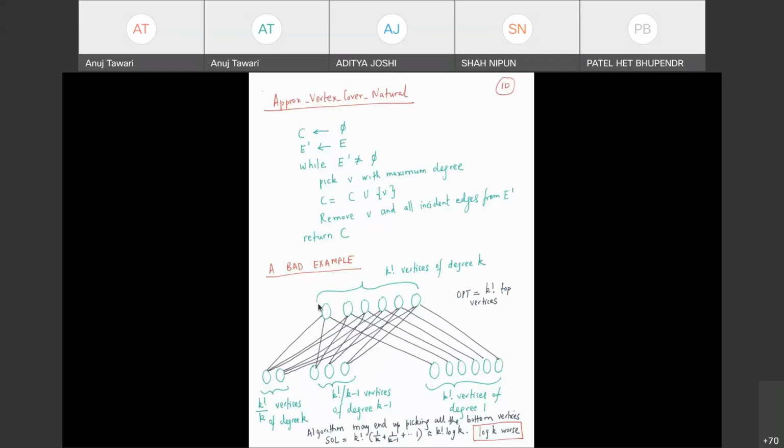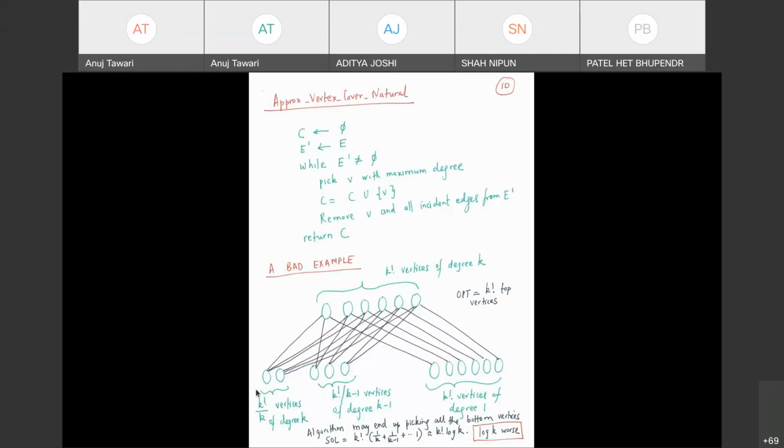There is no edge between a top vertex and another top vertex, or a bottom vertex and another bottom vertex. Let's say we have k factorial, which I hope all of you know is the product of 1 to k. There are k factorial vertices at the top.